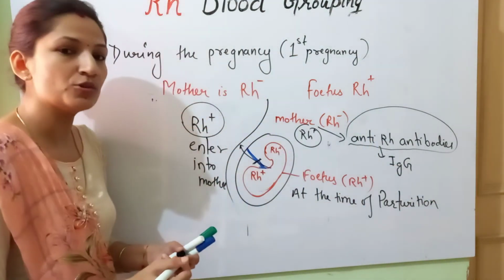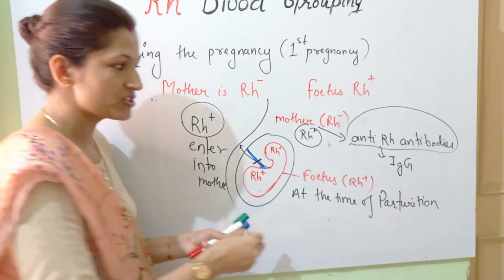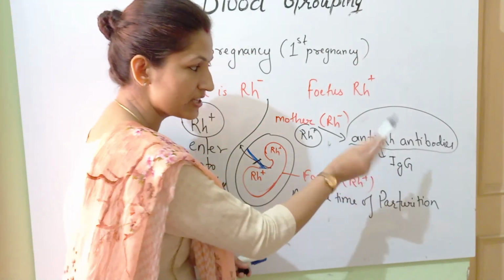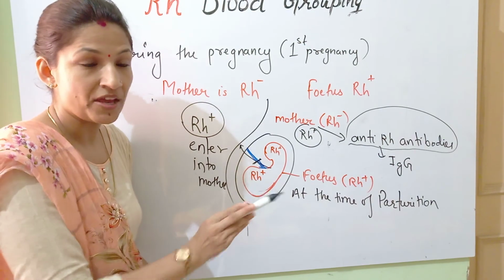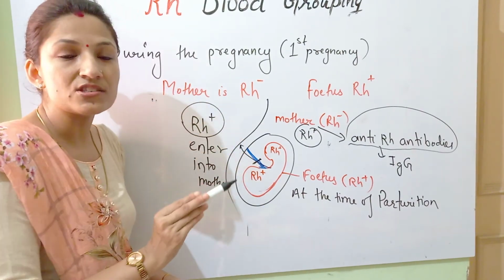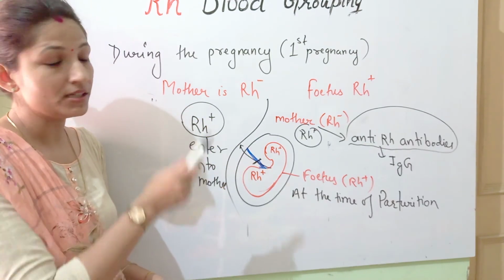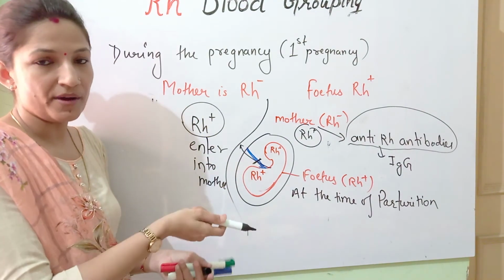These immunoglobulins are there. This type of antibody which is formed, the anti-Rh antibody against the Rh antigen, can pass through the placental barrier.